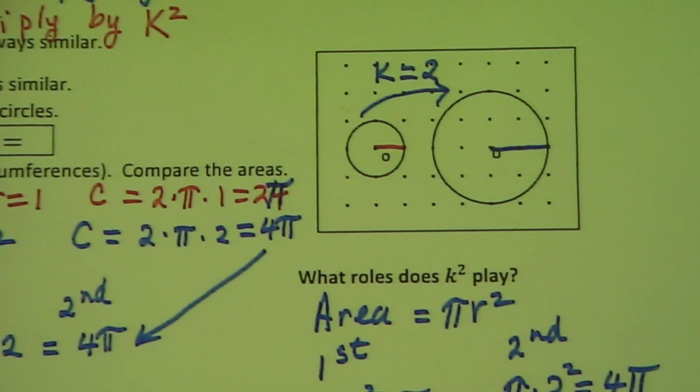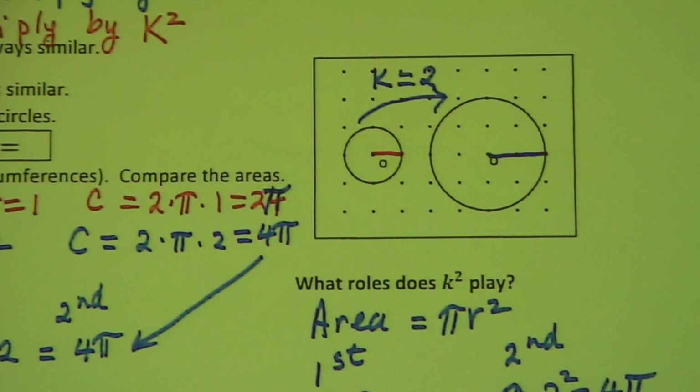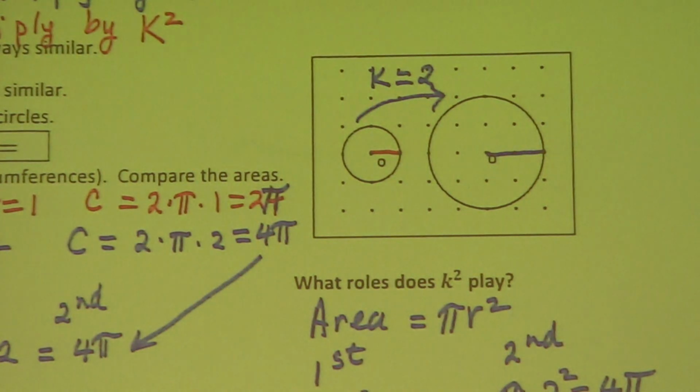If I were to divide 4 pi by pi, my K squared... Remember, my K is 2. So K squared is 4. And if I multiply this by 4, I will get that. So K squared, you're going to use K squared for areas, and you're going to use K for perimeter.